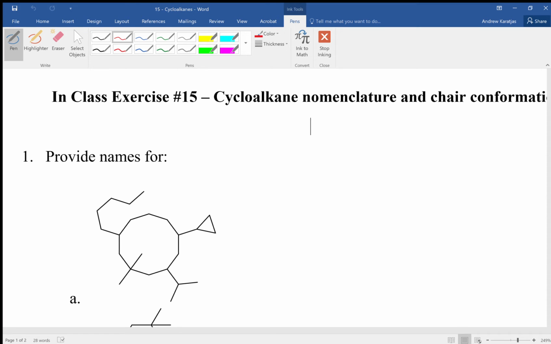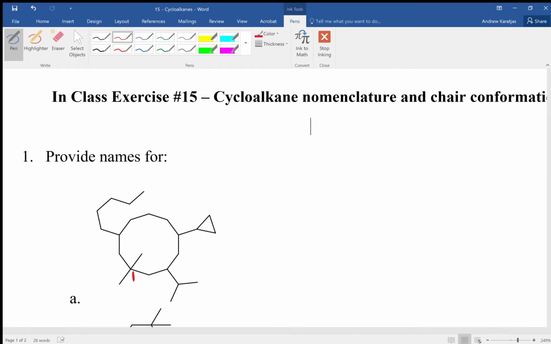So here we're going to go over some nomenclature as well as some chair conformations. So in this first one, one of the nice things about when we see a position on a cycloalkane that has multiple substituents, that should usually get our attention that that's going to be a good place to start.